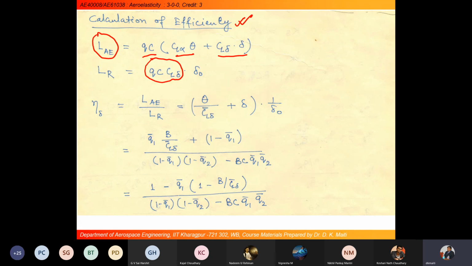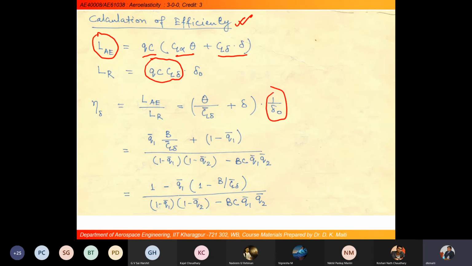So after taking the efficiency, LAE by LR will be, after simplification, equal to theta by CL delta bar plus delta, whole thing multiplied by 1 minus delta naught. Delta naught is coming from here.